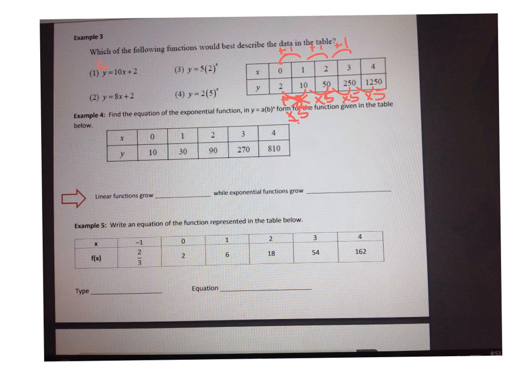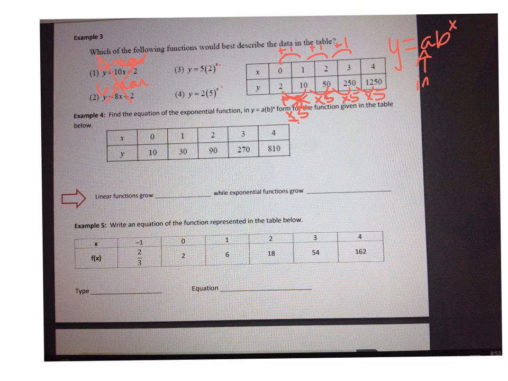This is linear. This is linear. I know it's linear because it doesn't have an exponent. That's a variable. Whereas these are exponential because those variables are in the exponent. So we know it has to be either 3 or 4, and we want to think about what we just talked about, where y equals a b to the x.